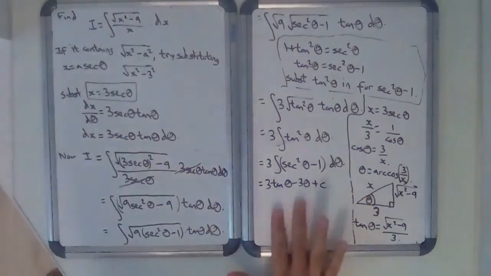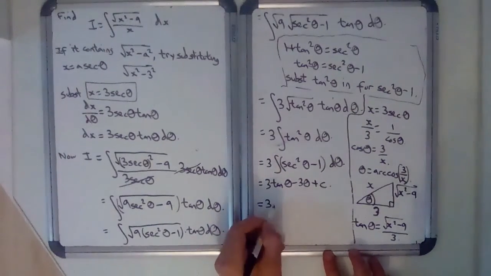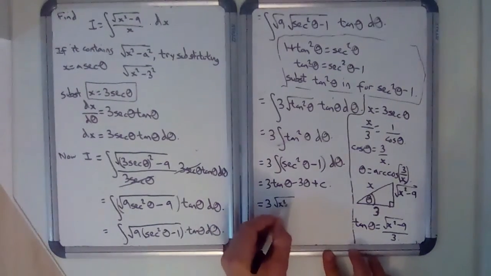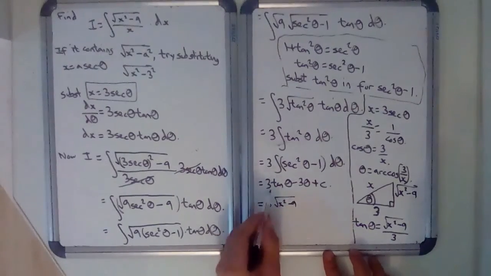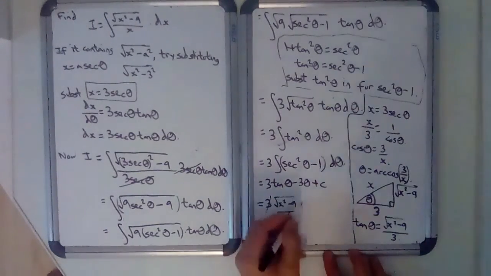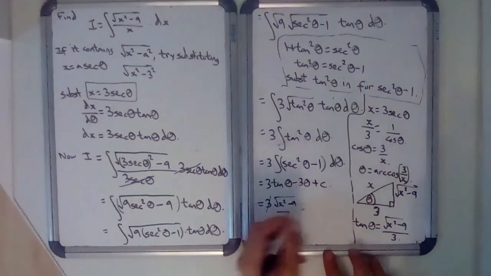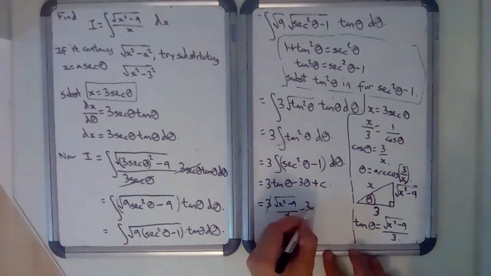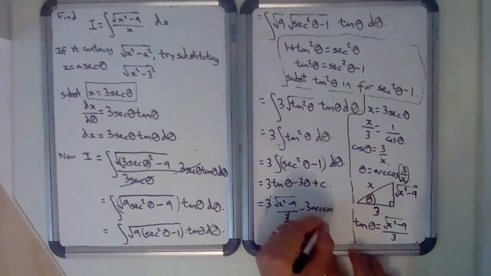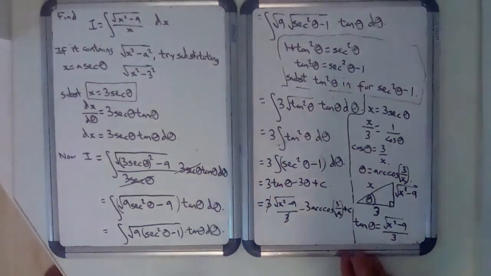I just need to now put this in. So I reckon 2 more lines and we'll be there. So equals 3 tan theta is square root x squared minus 9 over 3. So 3 tan theta, and those 3's are going to cancel nicely. Minus 3 theta. Well, theta we've just said is arc cos 3 over x, so that must be minus 3 arc cos 3 over x plus the constant of integration.